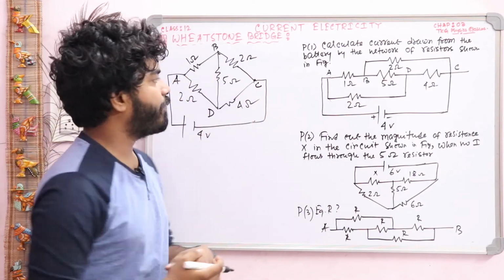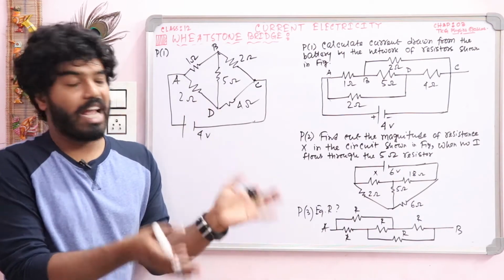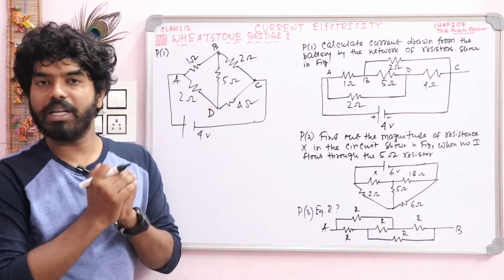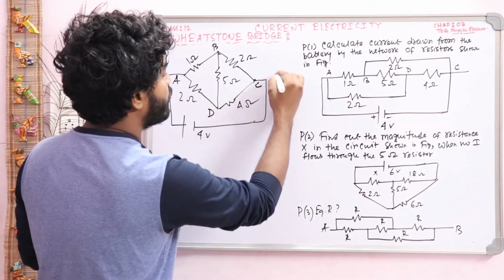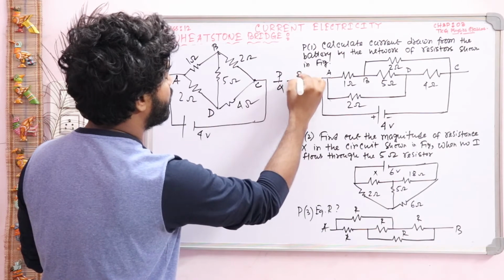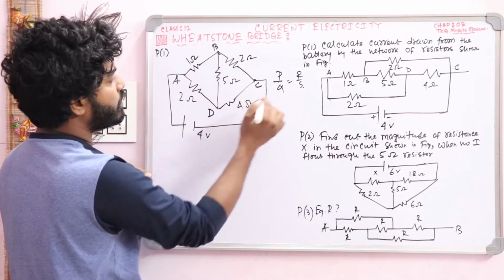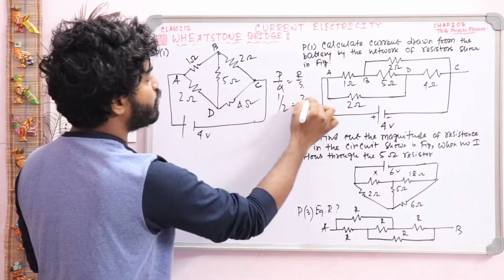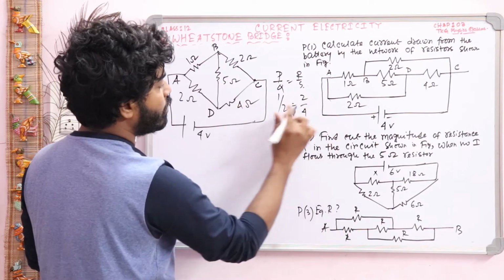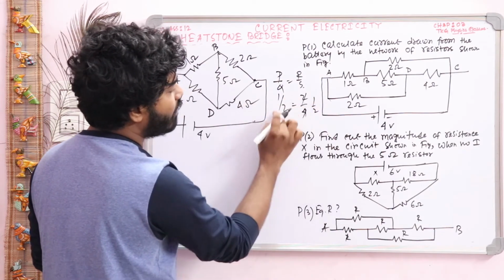Now see, very simple. At first you check whether this one is balanced or not. We know the balance condition P by Q is equal to R by S. Here P by Q is 1 by 2, and R by S, R is 2 and S is 4, so 2 by 4 is also half. So half is equal to half.